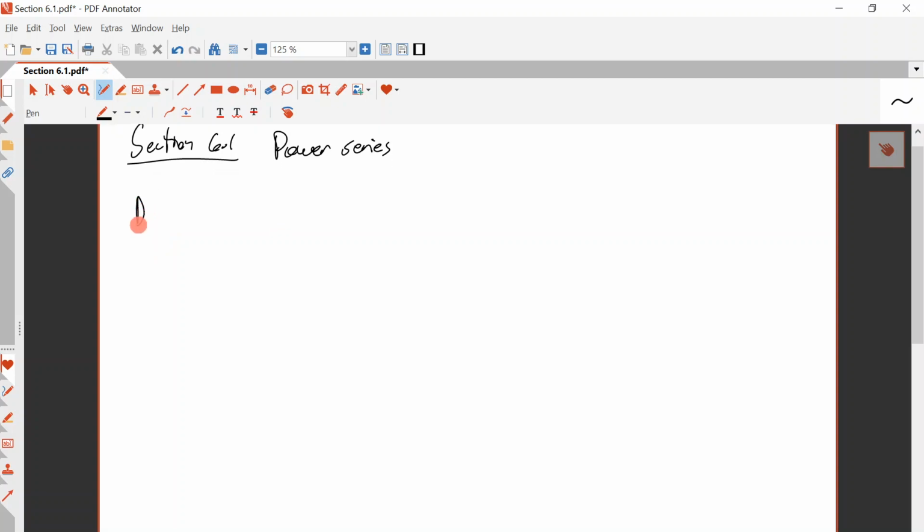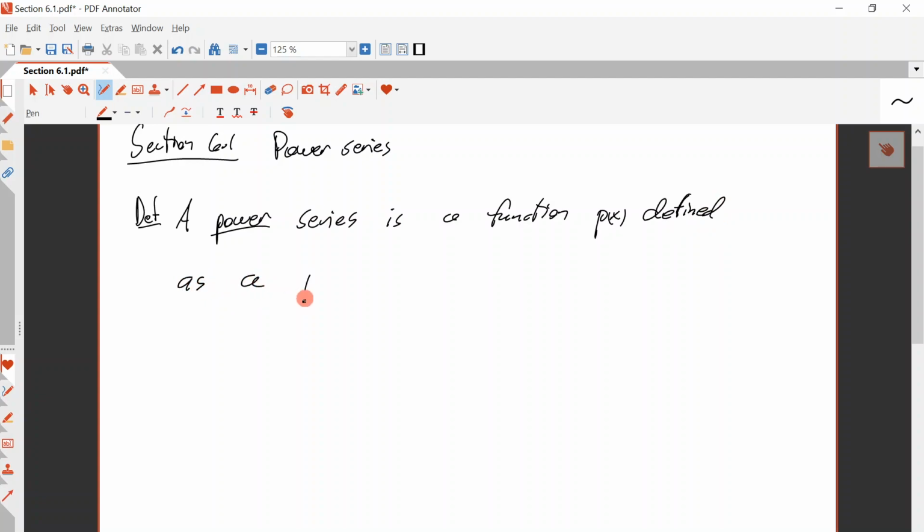So a power series is a function b of x defined as a polynomial of infinite degree.